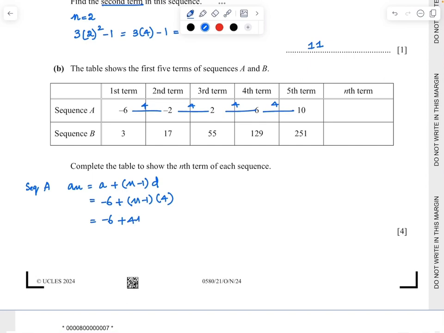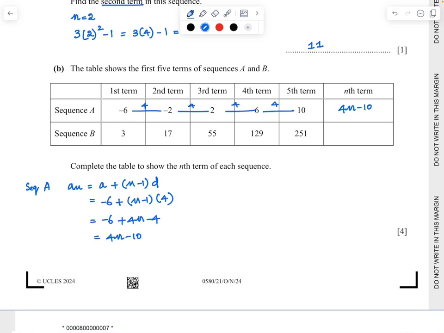Minus 6 plus 4n minus 4, which gives us 4n minus 10. So let me fill it here. 4n minus 10 is the general formula to get the nth term in sequence A.